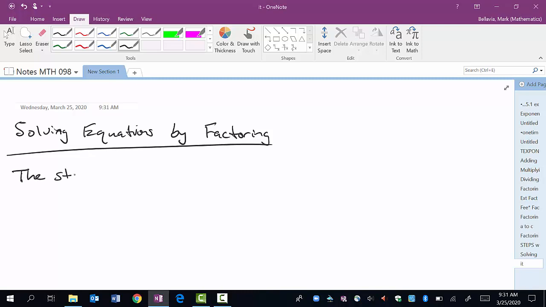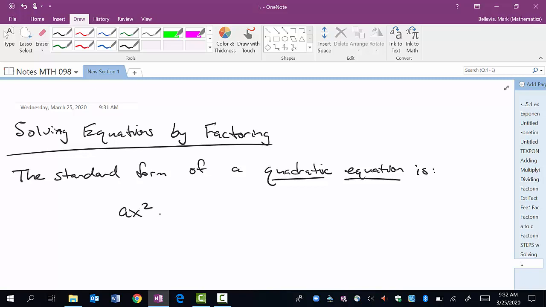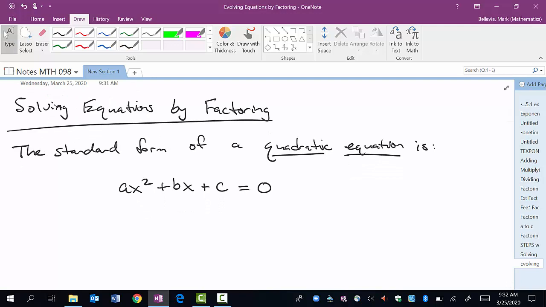So the standard form of a quadratic equation, we'll talk about what that means in a second, is ax squared plus bx plus c equals 0, where a, b, and c are real numbers, and we say a doesn't equal 0.